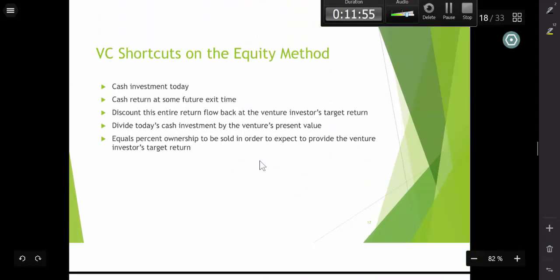So what's happening is, imagine a situation like this. There is a company out there and they already have some kind of balance sheet. They already have some equity.